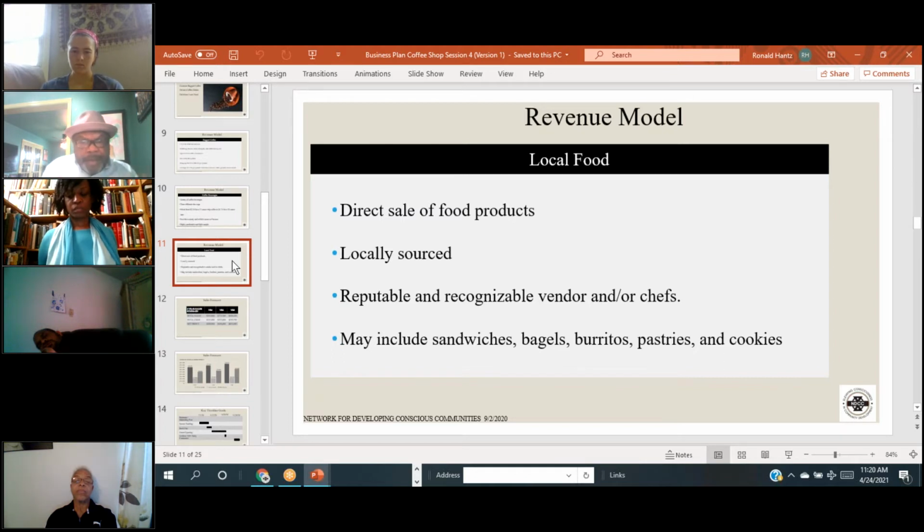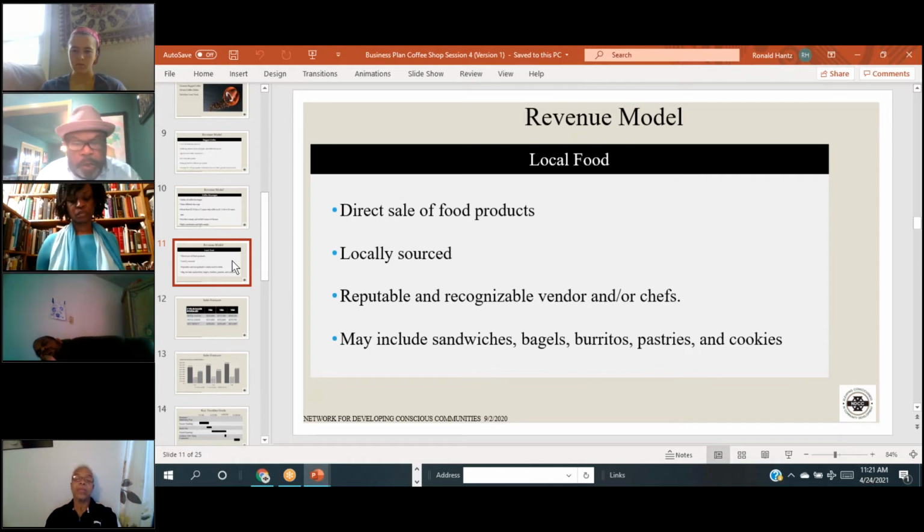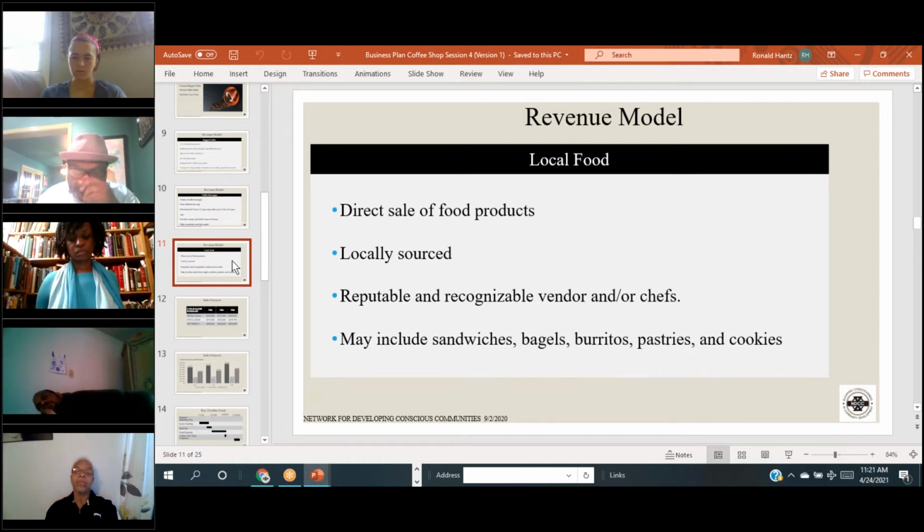So while you may not be a baker yourself, maybe you had a vendor who baked pies and cakes and sold them in your establishment. You could get a profit margin off of that product being sold in your coffee shop.